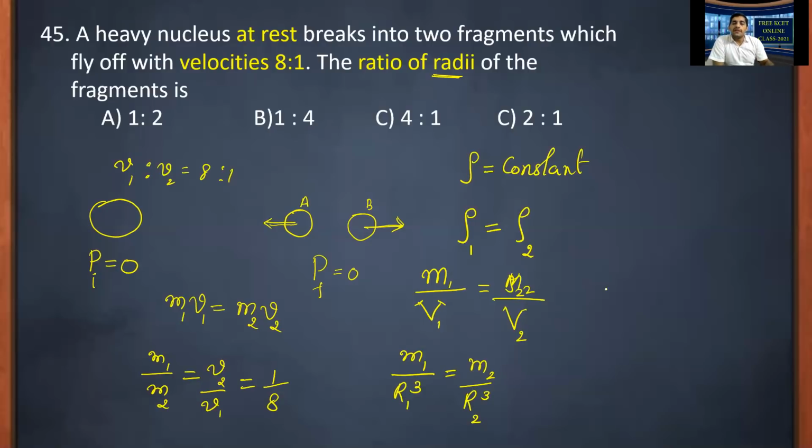Right. So we'll rearrange this. We want the ratio of radii. So r1 by r2 whole cube is equal to m1 by m2.